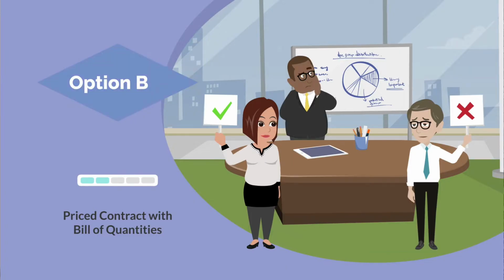But what I want you to note is that going for a priced contract with activity schedule, or a priced contract with bill of quantities, does not mean that if the price was 1 million, we will finish the contract at 1 million. Because remember, we contract for the works, we contract for the scope as it is identified at that point, right?